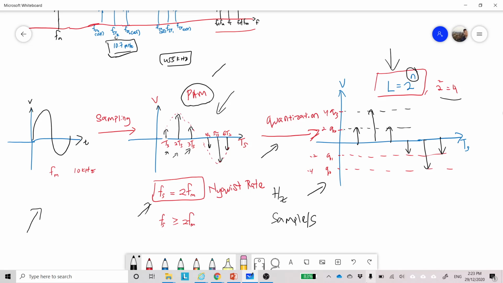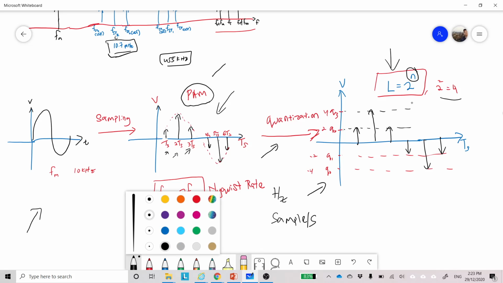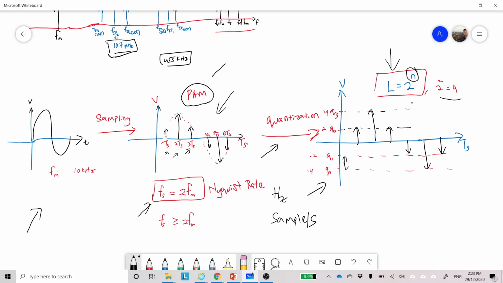Okay, so itu adalah encoding process. So kita telah lihat sebelum ini berkenaan dengan uniform quantization, yang mana last week kita telah lihat jarak antara level ini adalah sama. Okay, jarak antara level ini adalah sama.